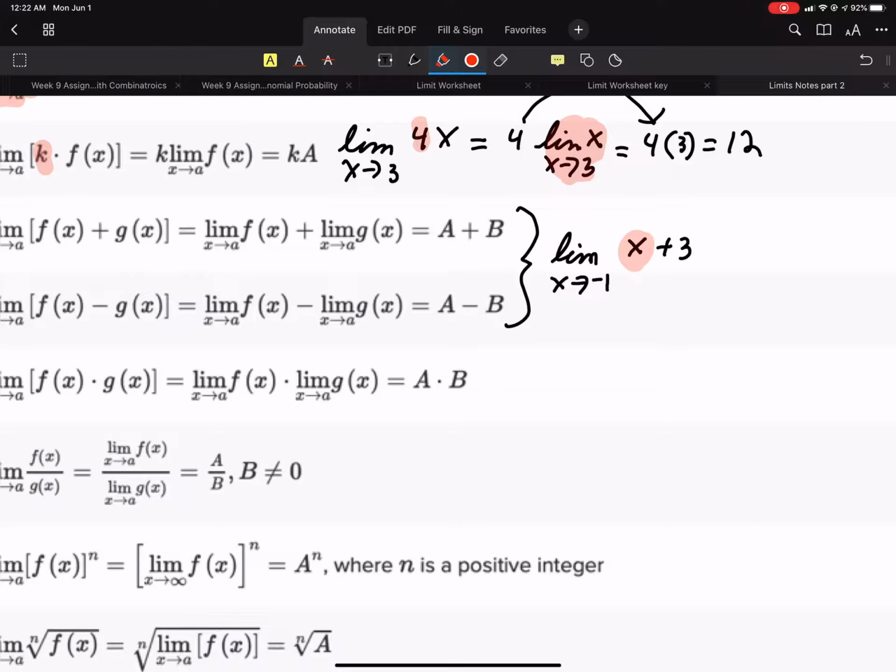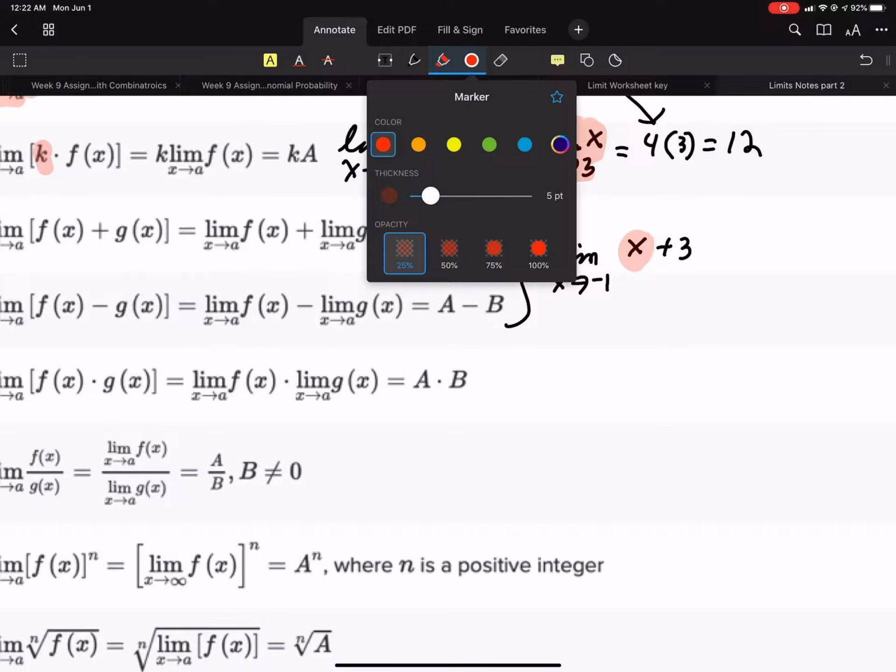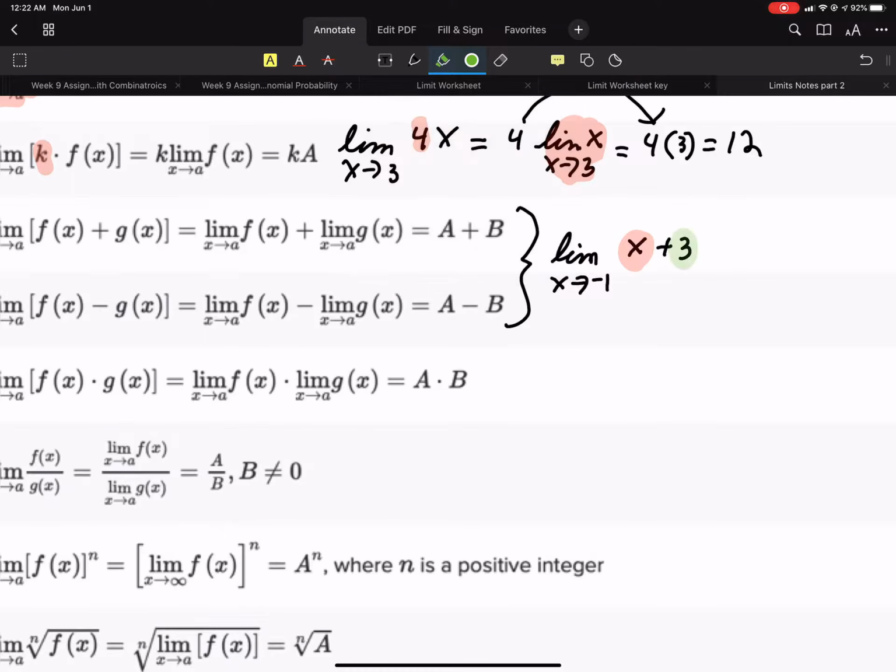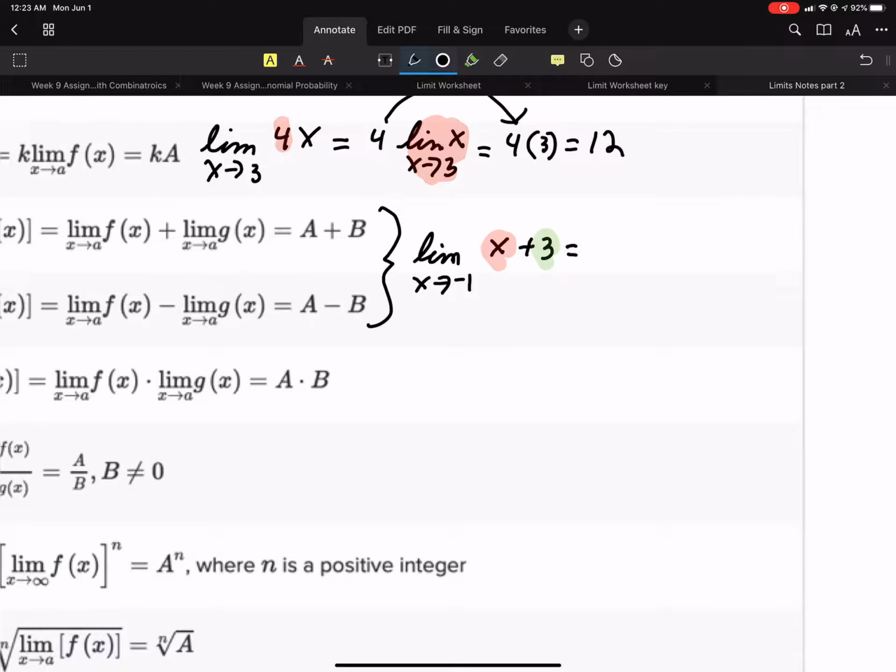That's one function, y equals x, and that's a second function, y equals 3. So this is like f of x and g of x, just like here, f of x plus g of x. Well, it says I can separate these out and take the limits separately. So what I can do is take the limit of the first one plus the limit of the second one.